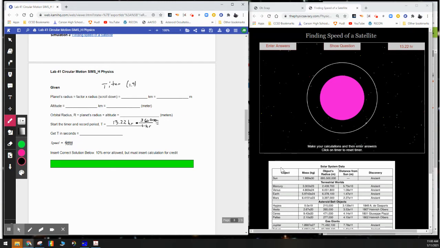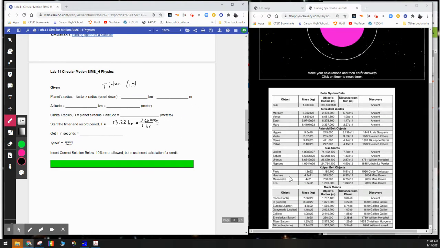All right, so Titan. We've got to find Titan here. Here's Titan. It looks like the radius is 2,575,000. We're going to multiply it by, now I would just do 2.5 and do E, an exponent here.